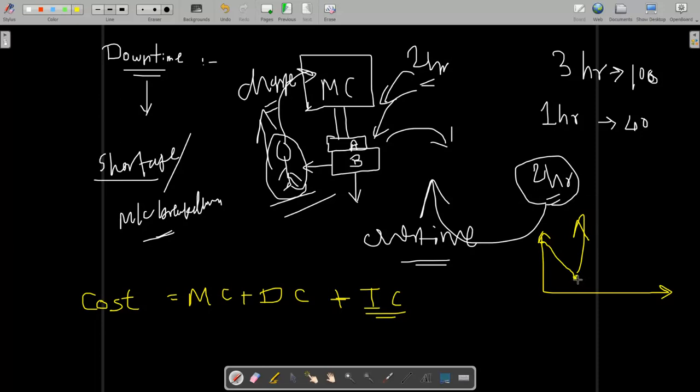And then the supplier will take lead time, and before our inventory ends, it will send the same quantity again, okay. This is the ideal case, and here we have to take that case, so that there is no shortage of the material, okay. So there are three costs: material cost, downtime cost, and inventory cost.